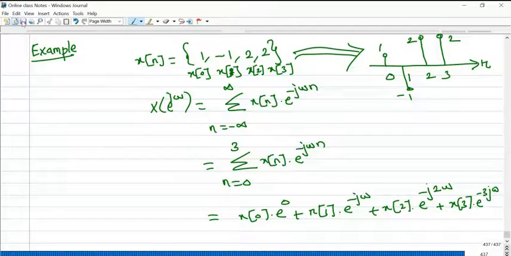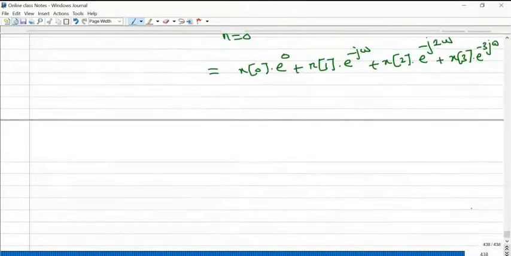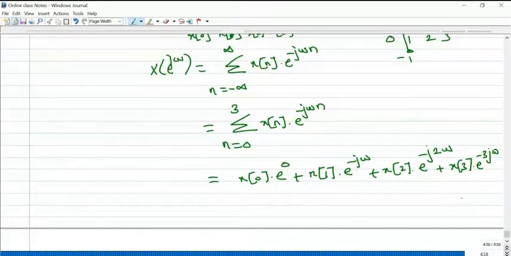Because in the given problem, the samples are available from 0 to 3. Now substitute the x of 0 value, 1 value, 2 value, 3 value, and complete the problem.